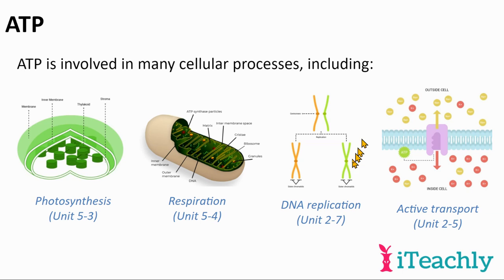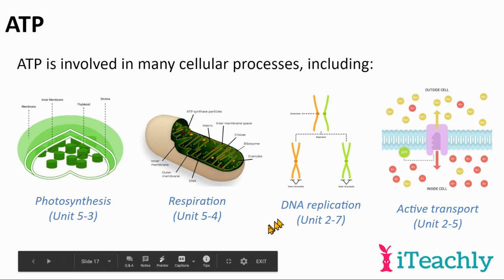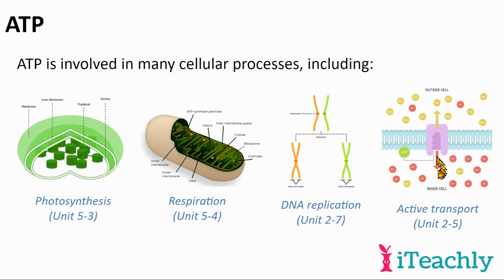So ATP is involved in many processes. Active transport requires ATP because it moves things generally against the concentration gradient, right? So it's moving yellow this way, and that's against the concentration gradient. It's moving low to high. And it's moving the red this way, and that's also moving from low to high.